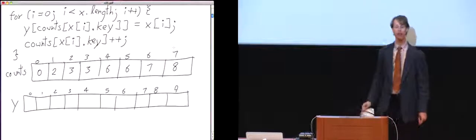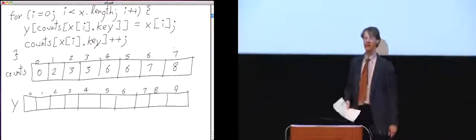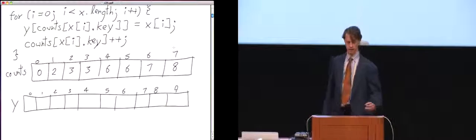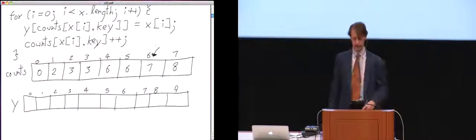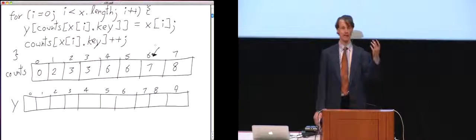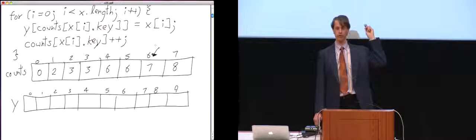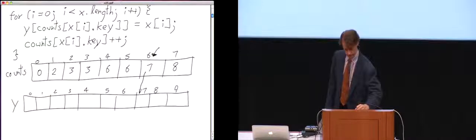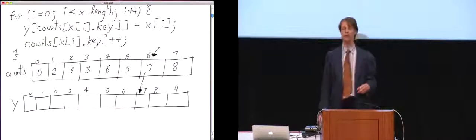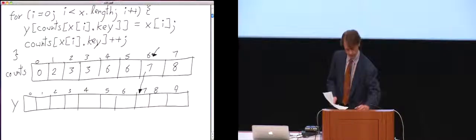Okay, I'm going to go through the input array, again, from left to right. The first input number was a 6. So I look in the box in the counts array called 6, and what's in that box is a 7. The 7 means I want to put that 6 in index 7 in the output array. So that 7, you can think of it as pointing down there. And that means this is where I want to write the 6 into the output array.